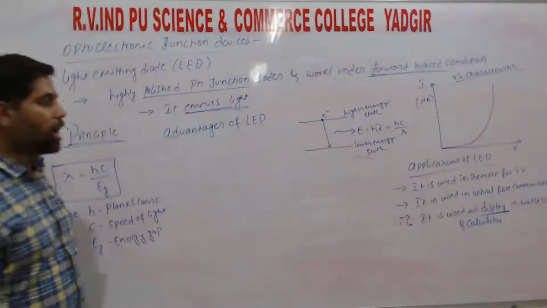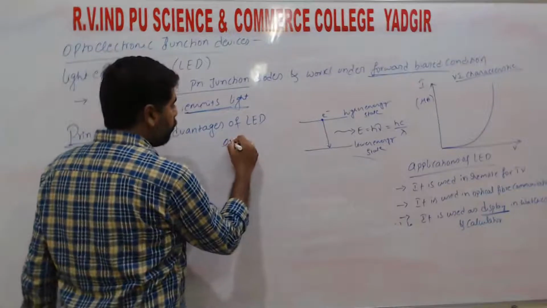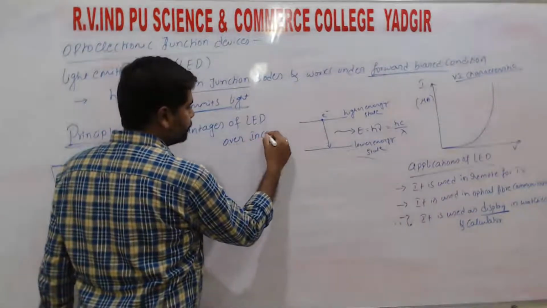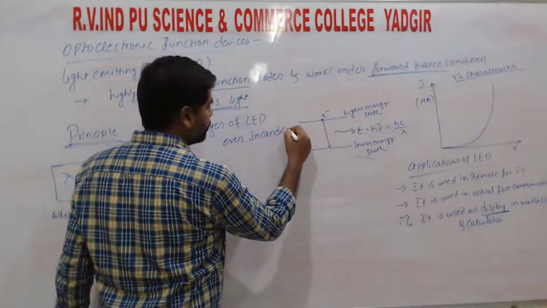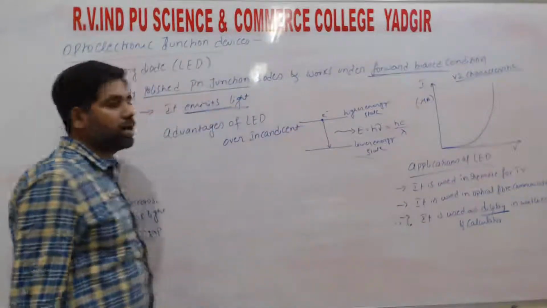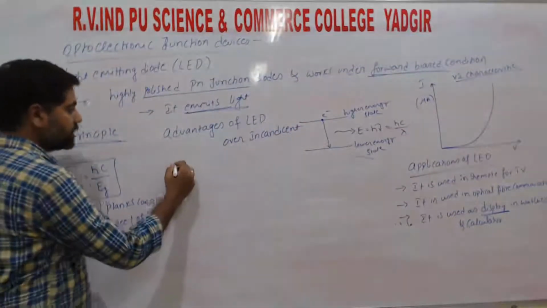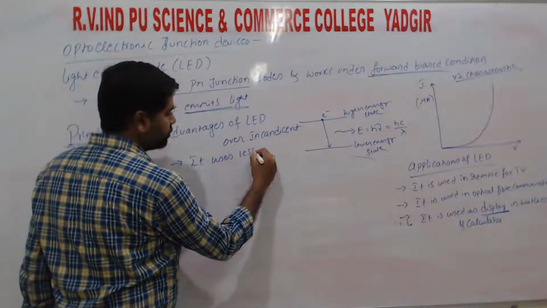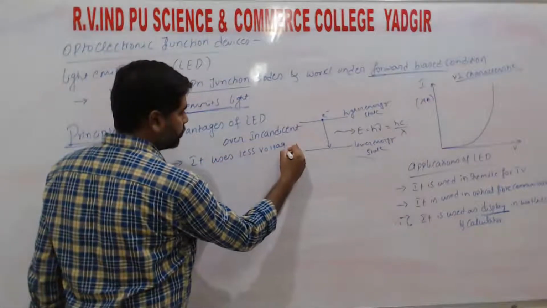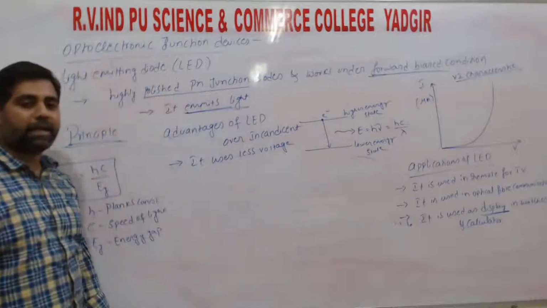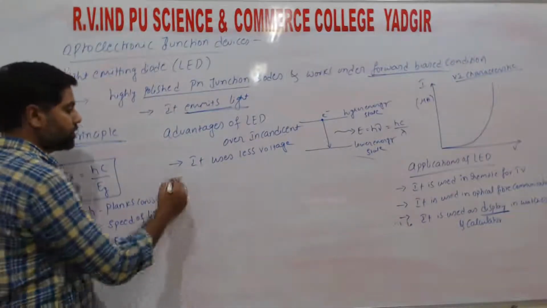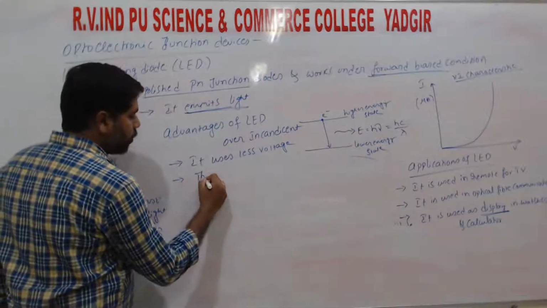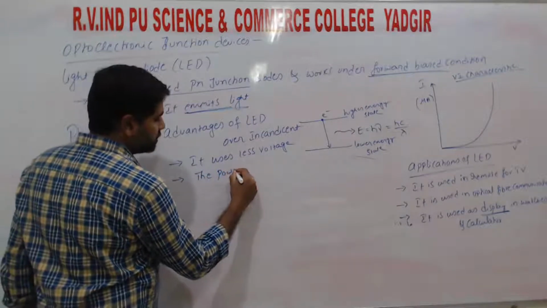These are the advantages of LED over incandescent, right? The first advantage over incandescent is that it uses less voltage. The second one is that the power loss is less.